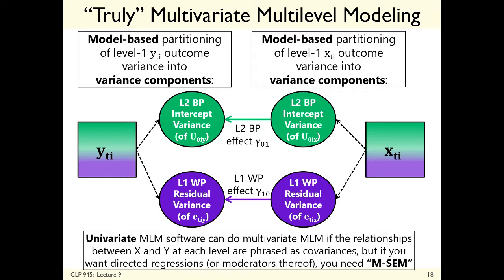Or you can do it in the multi-level syntax of M+, in which case they call it multi-level structural equation modeling. Now, why do I make fun of that name? Do you see a measurement model here? Do you see items that make a factor or anything like that?